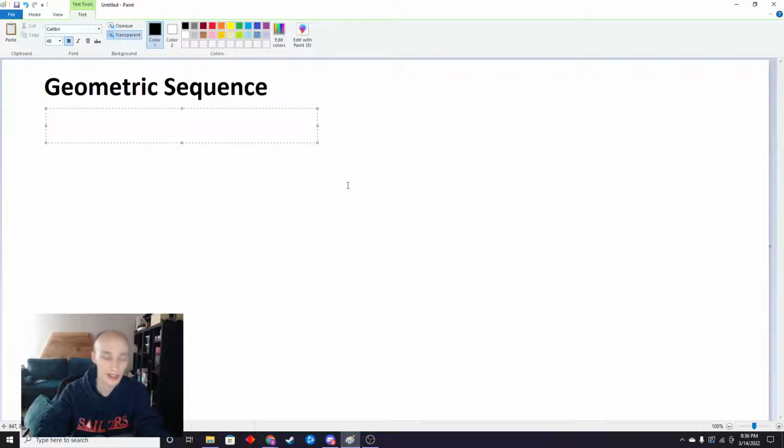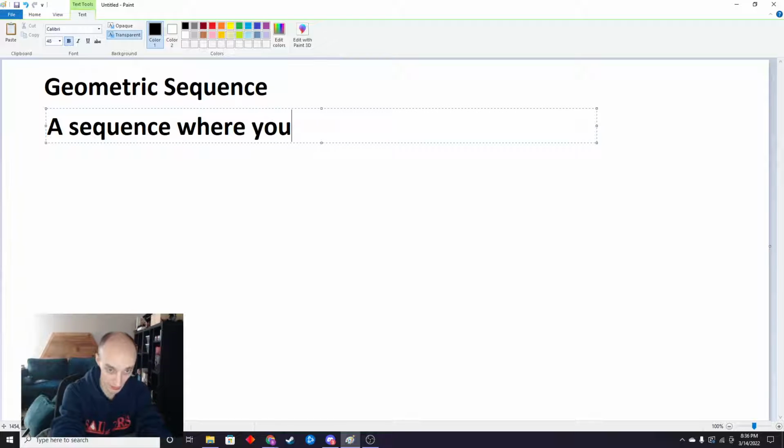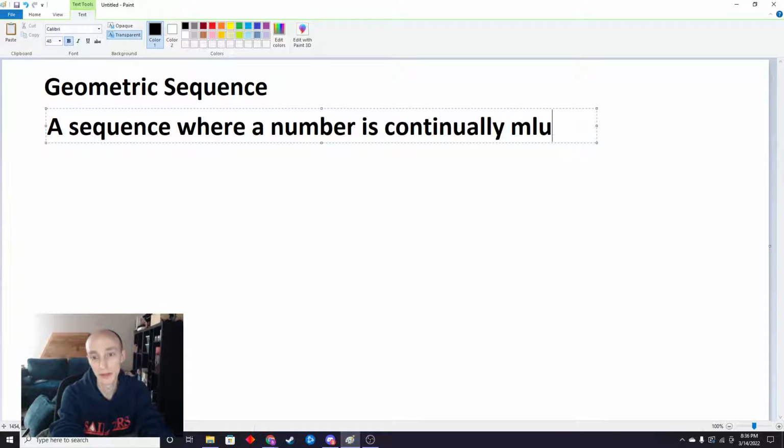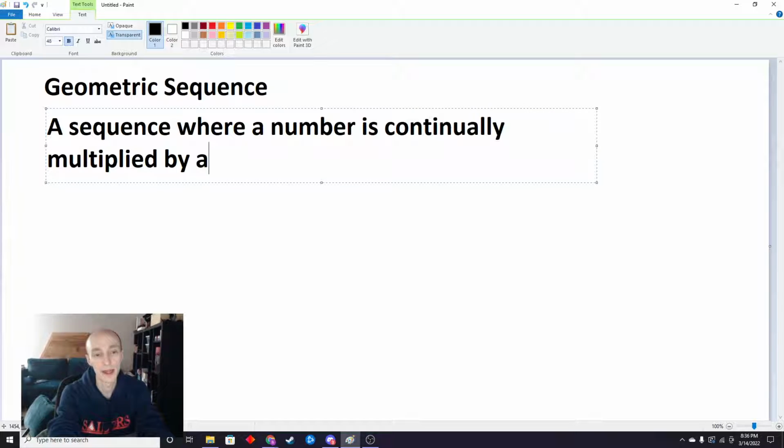So a geometric sequence, sometimes also called a geometric series, is just going to be a sequence where a number is continually multiplied by the same number.